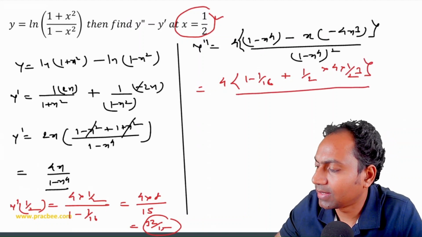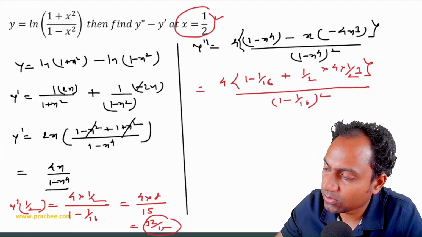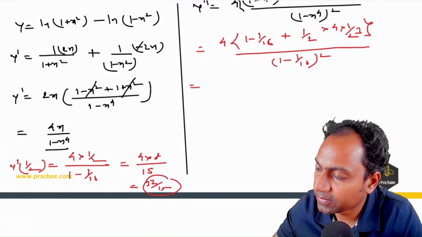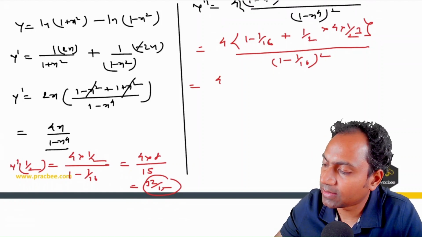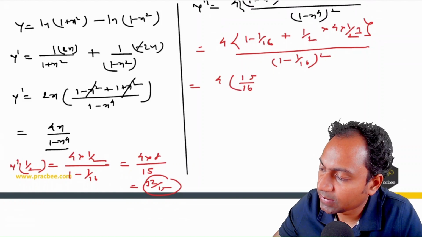And in the denominator is nothing but 1 minus 1 by 16 whole square. If I simplify this, let us see what I am getting. So 4 is fine. The first part will become 15 by 6. We can see here that this is 15 by 16, and this part comes out to be 4 by 16.